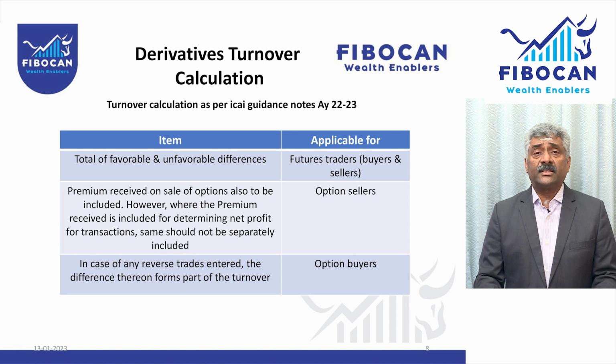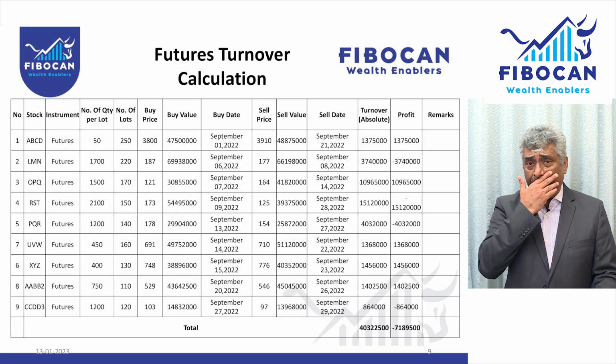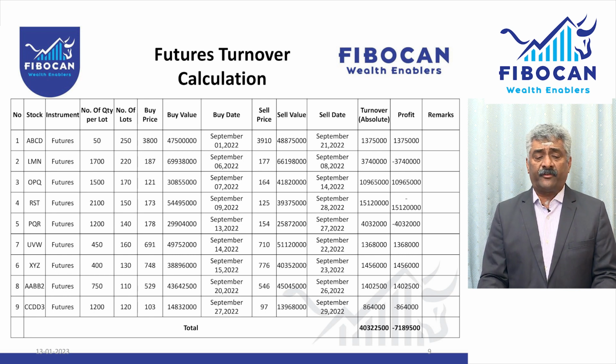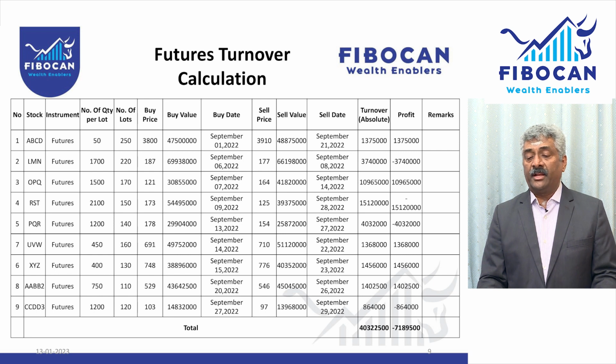So let's see with an example. As you can see in the slide, futures turnover calculation is relatively simple. You can see first the number, stock, instrument, quantity per lot, number of lots, buy price, buy value, buy date, sell price, sell value, sell date, absolute turnover and profit.